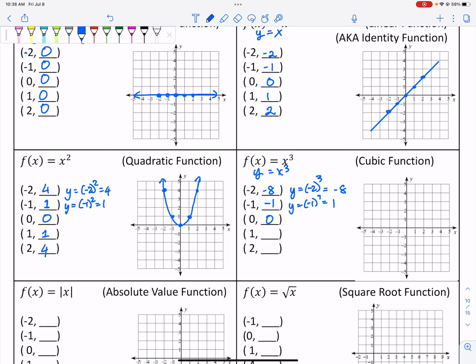Input 1, 1 to the third power is 1. 2 to the third power is 8. Plot these points: negative 2, negative 8, which is somewhere down here; negative 1, negative 1; 0, 0; 1, 1; and 2, positive 8, which is somewhere up here. So the graph looks something like this.